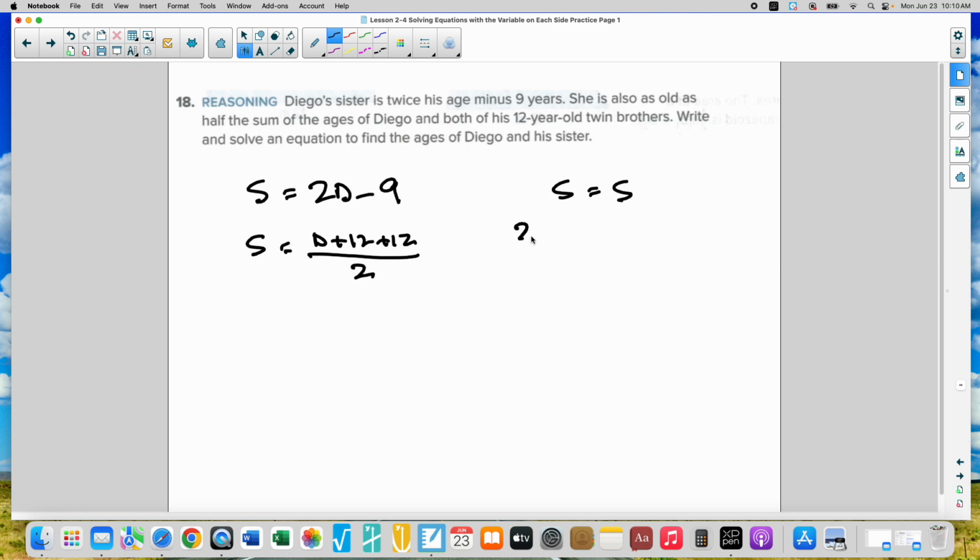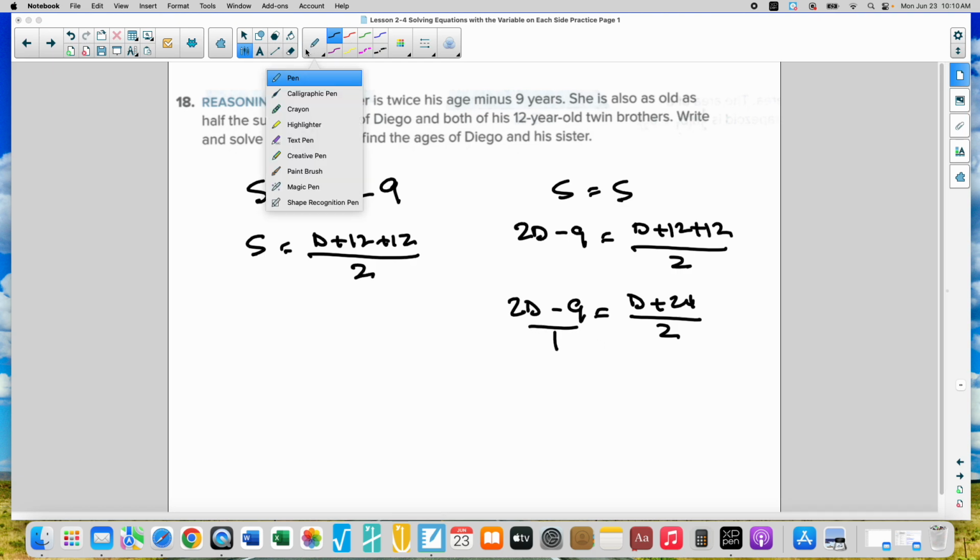So we'll do 2d minus 9 should be equal to d plus 12 plus 12, divided by 2. So let's first simplify each of the sides. We have d plus 24 over 2. Now we can cross product. We can put this over 1 and we can do the cross product like we had done in those earlier problems.